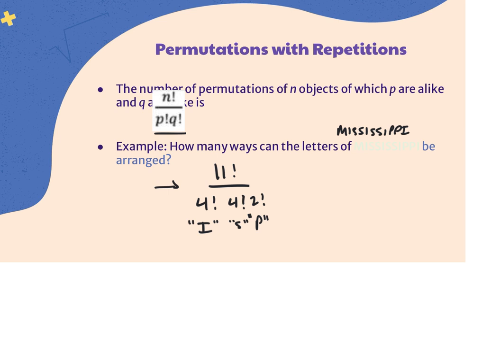I'm going to take 11 factorial and divide that by 4 factorial times 4 factorial times 2 factorial. So that ends up being 34,650 different ways.